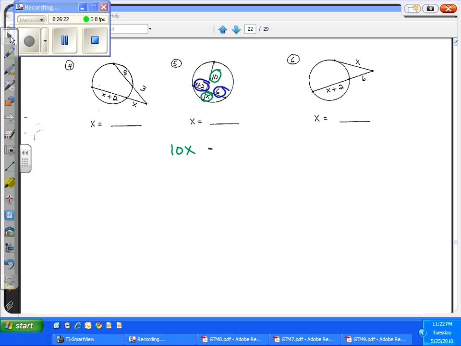So 10 times x is equal to 6 times x plus 2, a sum. You put it in parentheses and distribute. And so we would have 10x equals 6x plus 12.